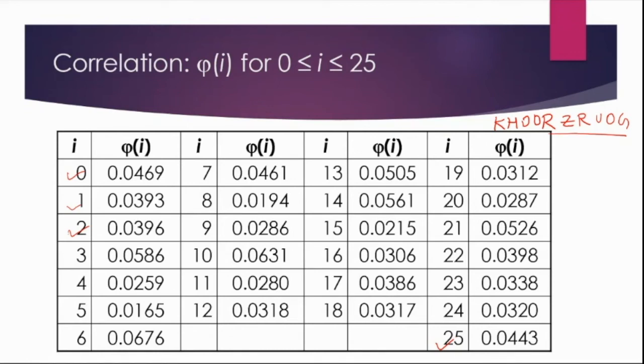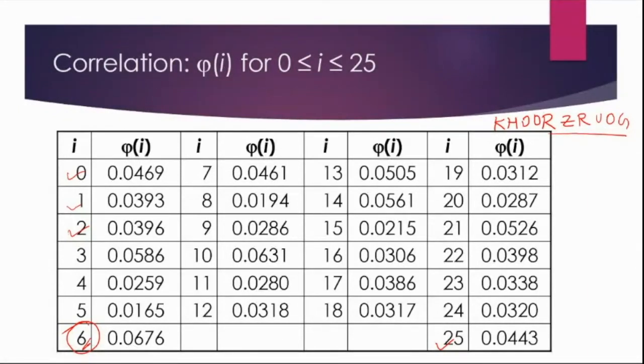Now you have to find the strongest possible correlation. What is the value of I there? It is 6. The most probable possibility of I could be 6, because here we get the highest value.